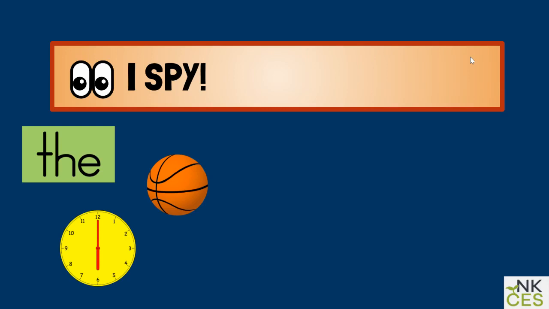So you'd start this activity by locating something in the room without letting your students know what you've got an eye on. Then start describing the object to your students. For example, if you're working with primary students, that's kindergarten through second grade, you might begin by saying, I spy with my little eye.